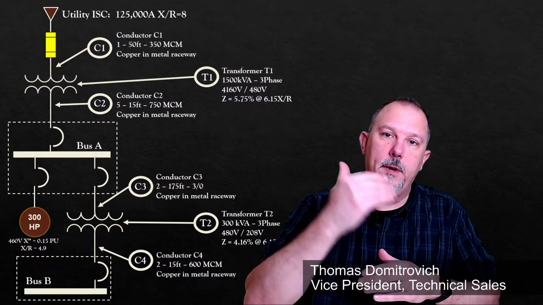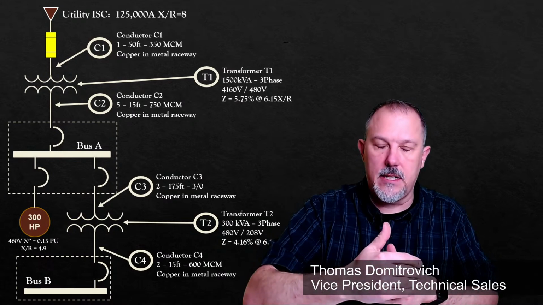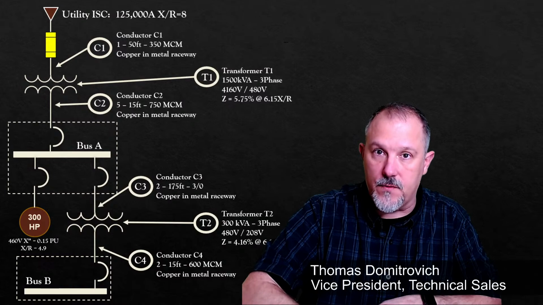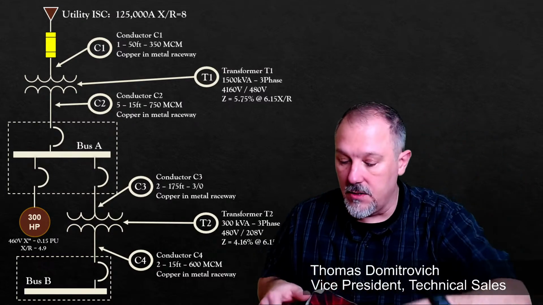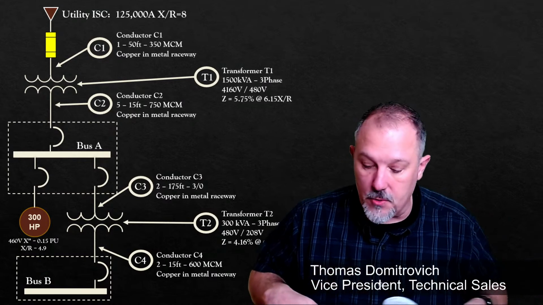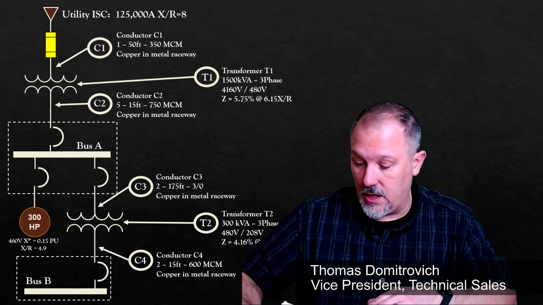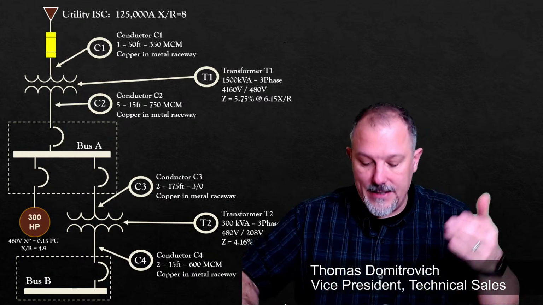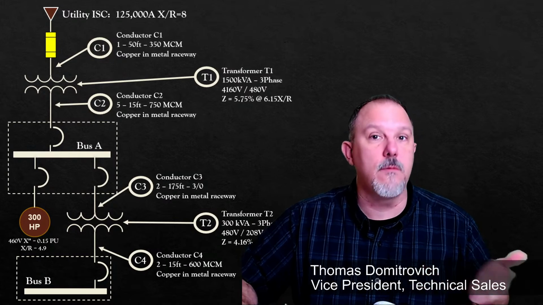Remember, when we're picking the primary overcurrent protective device, we've got to take into consideration the inrush current on a transformer. The National Electrical Code 450 tells us we can go up to 250% for that low voltage transformer. The highest is 250%. The lowest is really dictated by the inrush current.